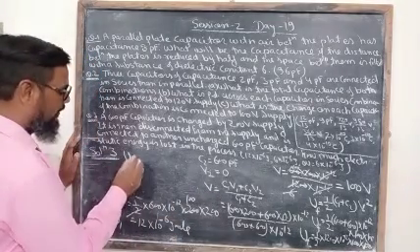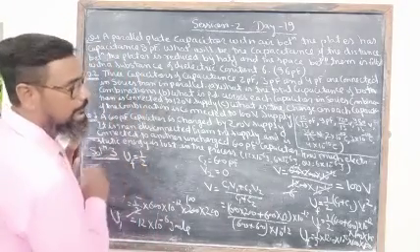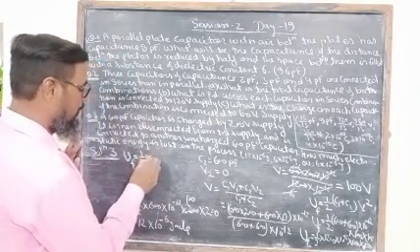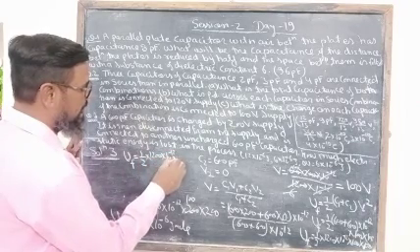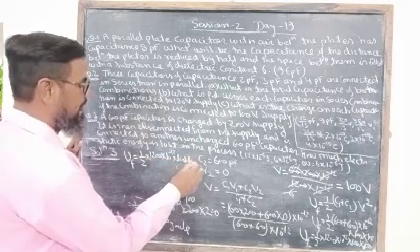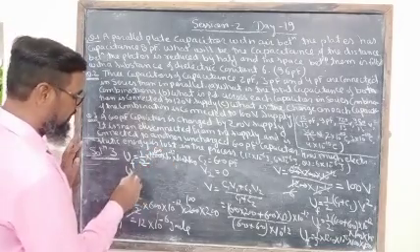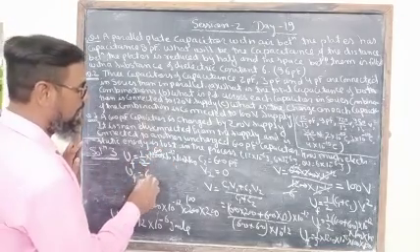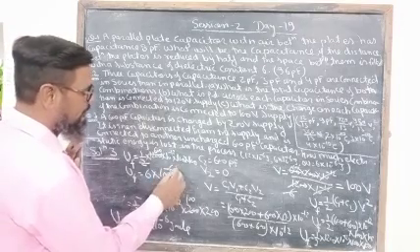Half of 1200 is 600, so UF is equal to 6 into 10 raised to the power minus 6 joule.